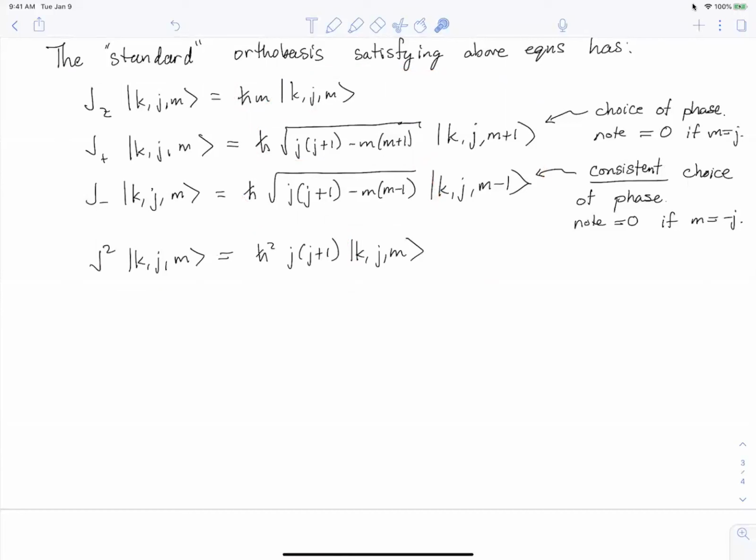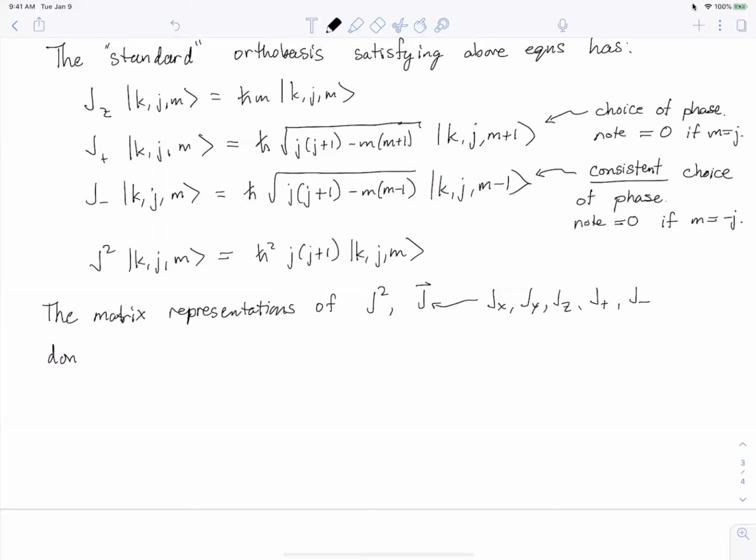Therefore, the matrices that represent these operators will not depend on k. So the matrix representations for J squared and the vector J, which includes within it Jx, Jy, Jz, J plus, J minus, all don't depend on k.